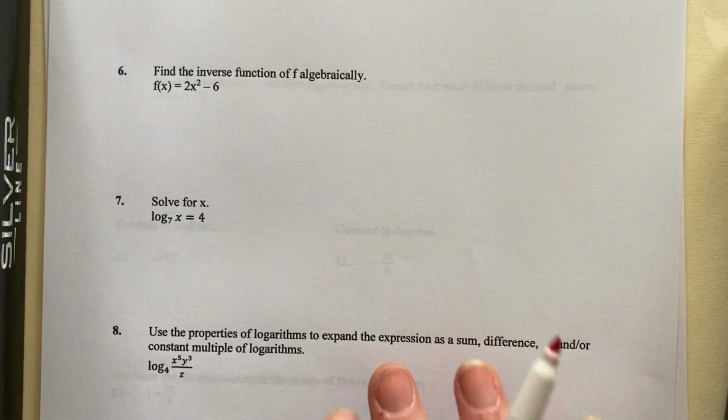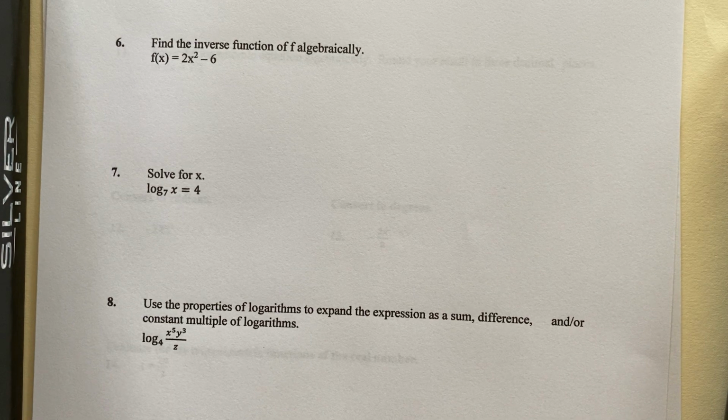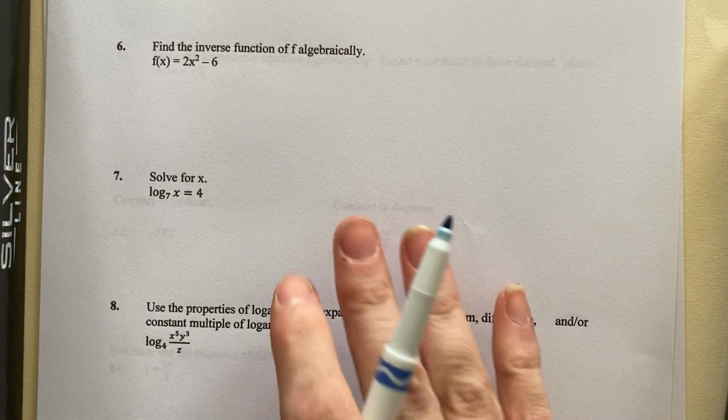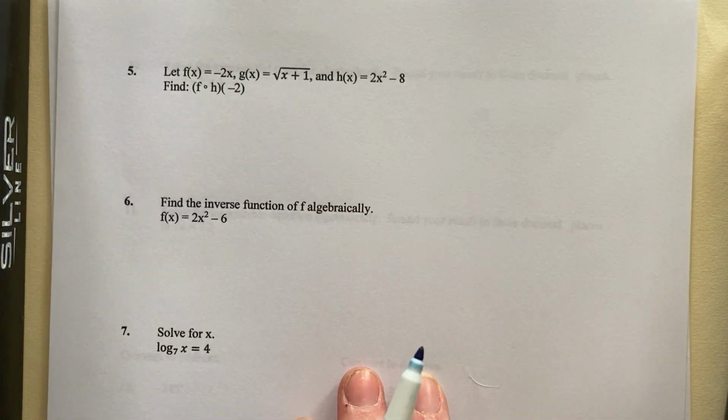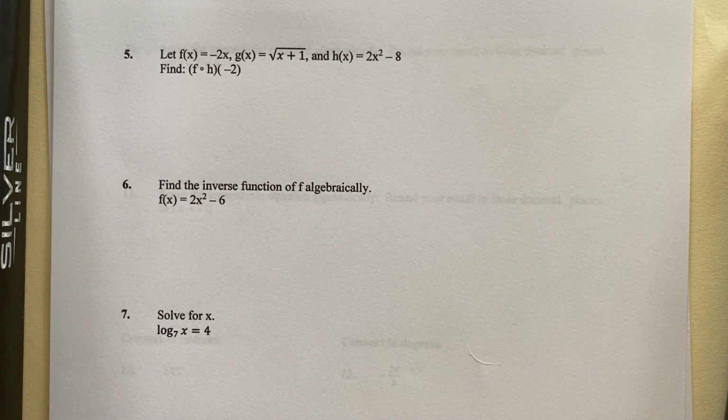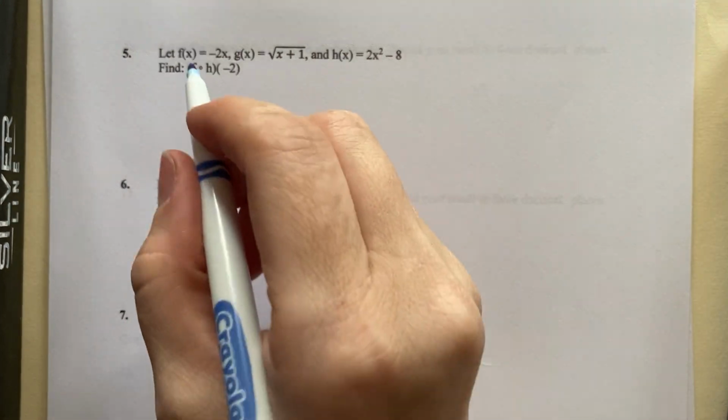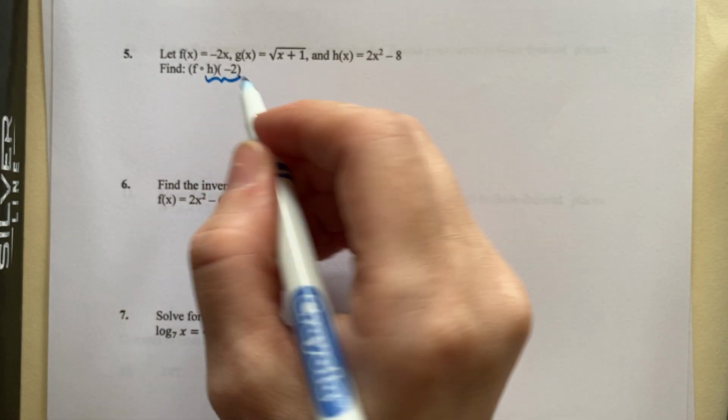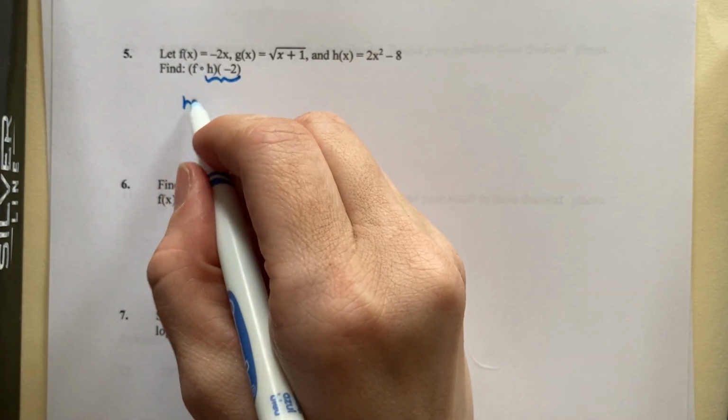On to question number 5. Number 5, we have f of x, g of x, and h of x. We're going to find f of h of -2. First thing I'm going to do is I'm going to start by finding the inside part. So I'm going to find h of -2.